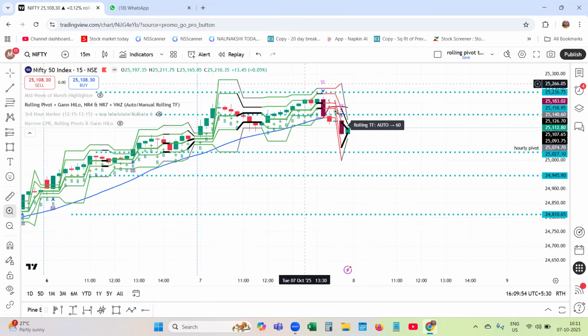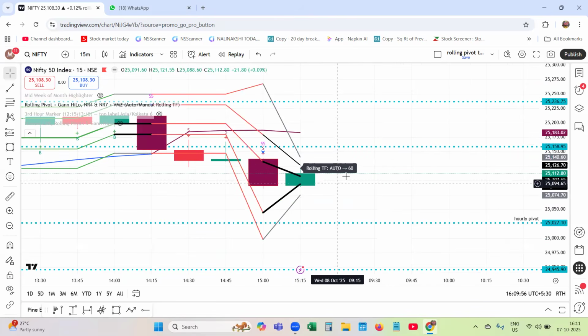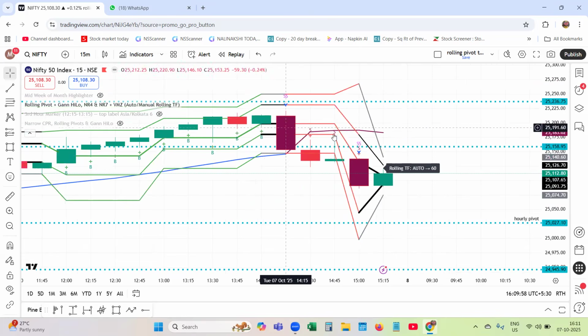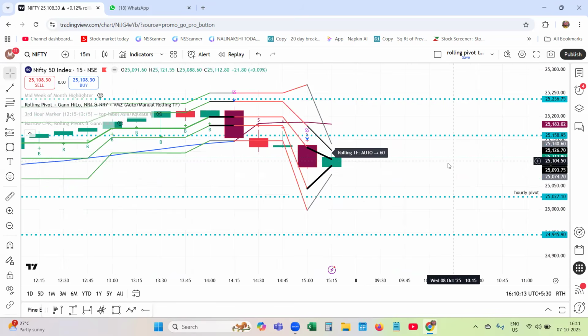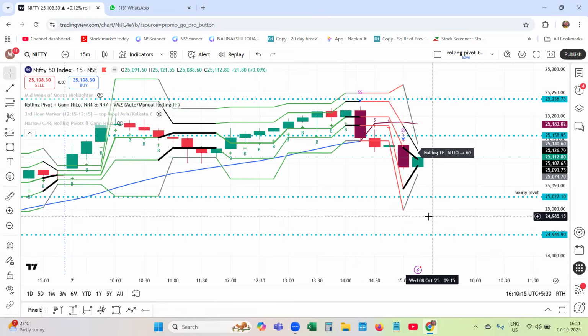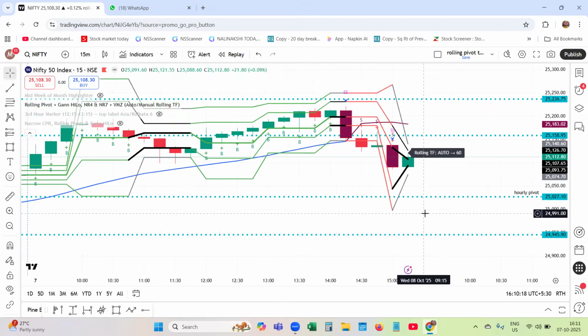So once these sellers are trapped, when you are seeing sell, you need to get a buy for the reversal. Any down move to this hourly pivot, 25,027 or a little bit lower, is a buying opportunity you can closely watch.